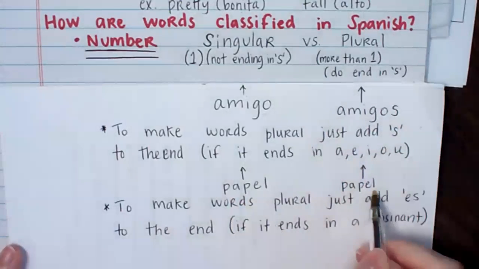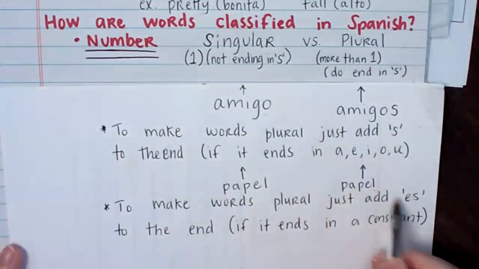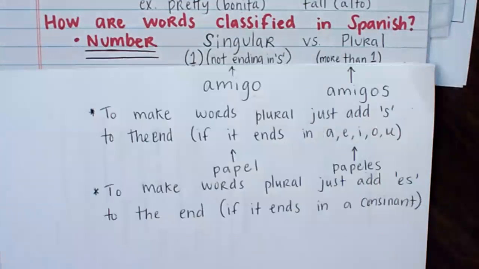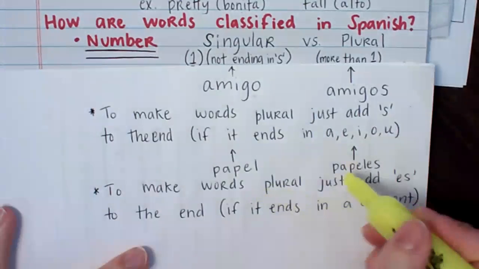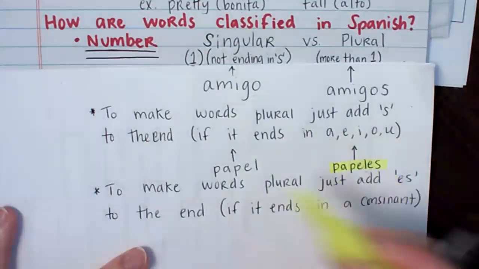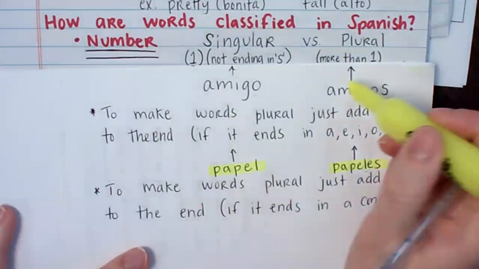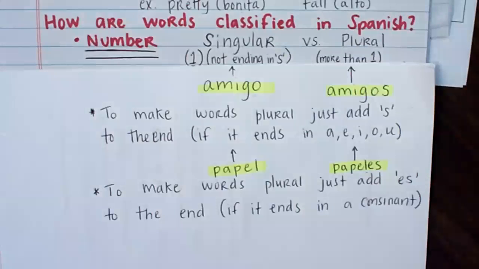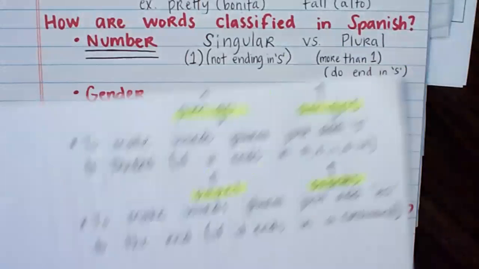And because this is a consonant, I'm going to add an es to the end. So papeles is how you say papers in Spanish. Okay.